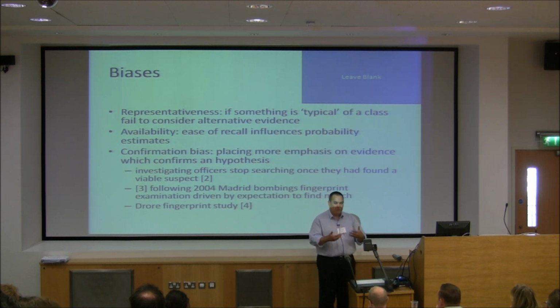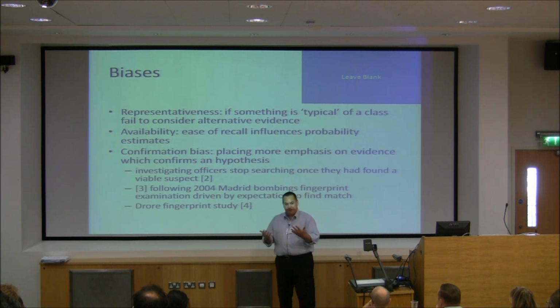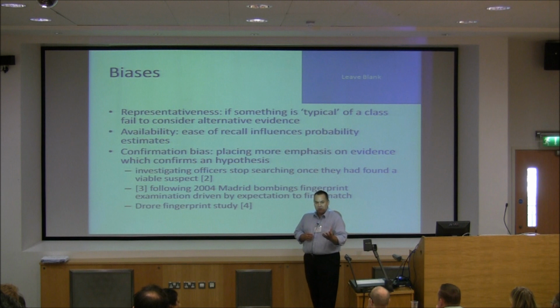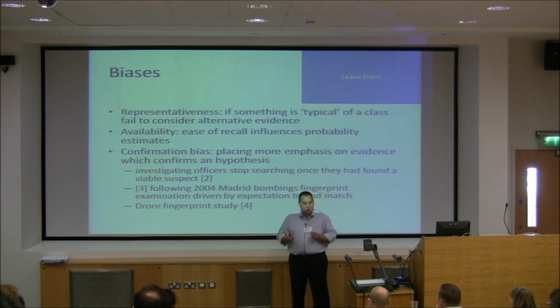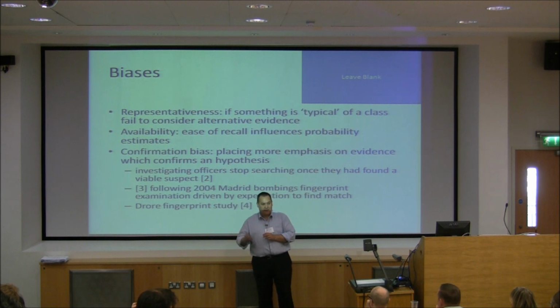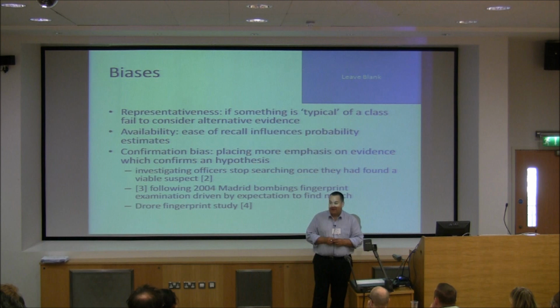Now, you'd expect if these were experts, there would be a completely unbiased and correct matching of fingerprints in all of the conditions. What he found was that if the fingerprints had been collected in a scenario which involved shoplifting, that was true. The match between the fingerprints was consistent, reliable, and accurate across the different analysts.